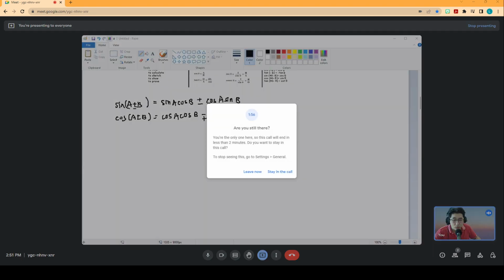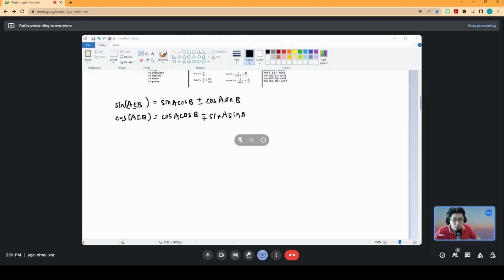Then let's look at how to actually prove the formula.